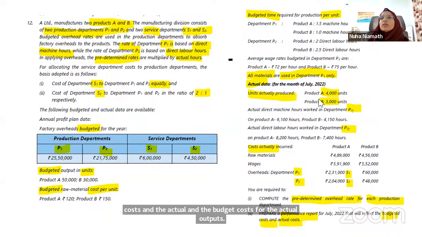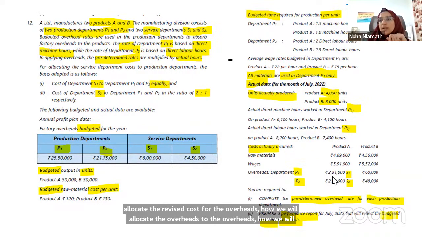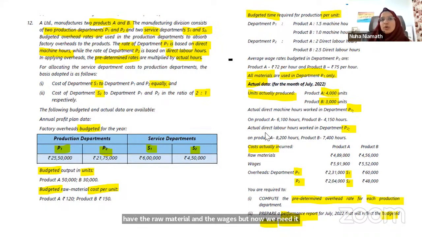Most of the actual cost is anyway given, right? The raw material cost is given, wages is given. So our job is only to find the revised cost for the overheads, how we will allocate the overheads to the products. For the products we have the raw material and the wages, but we need it for the overhead cost, because overhead is given department-wise and not for the products.